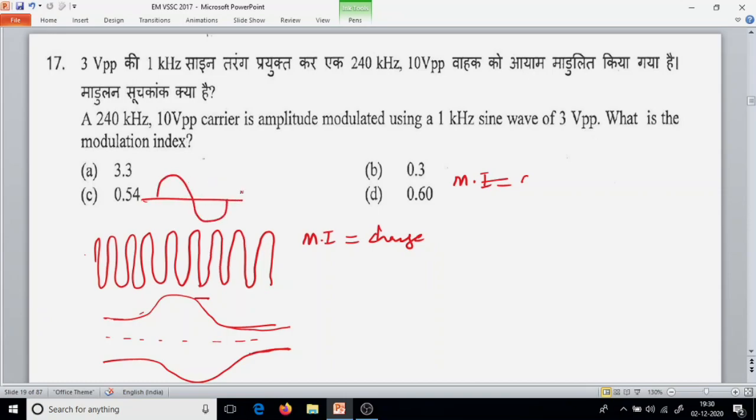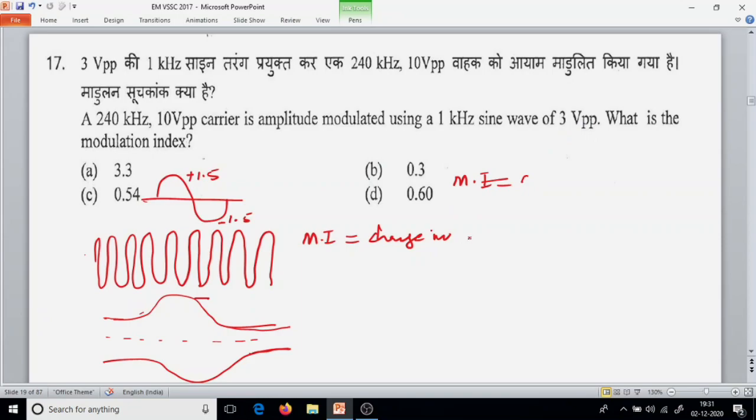Okay. So he's telling 3 volt peak to peak. That is 1.5 plus 1.5 here and minus 1.5 here. That is what he told, 3 volt peak to peak.